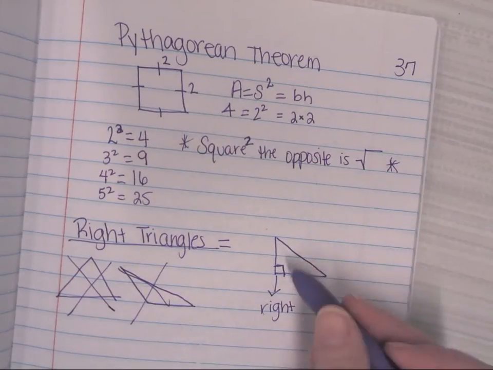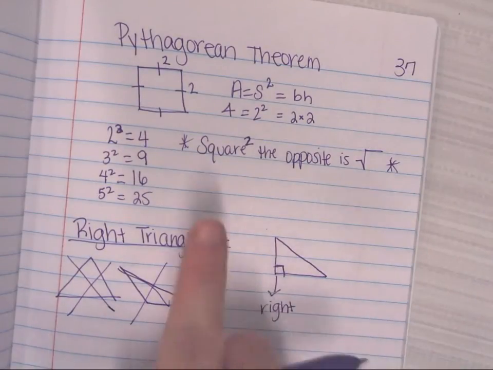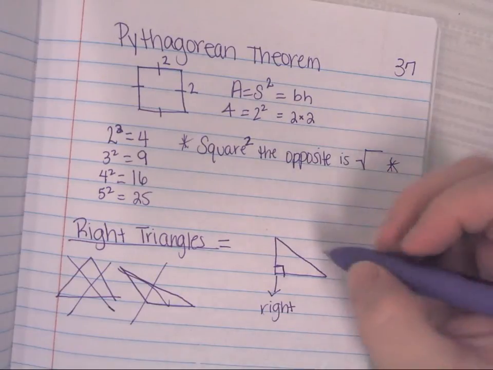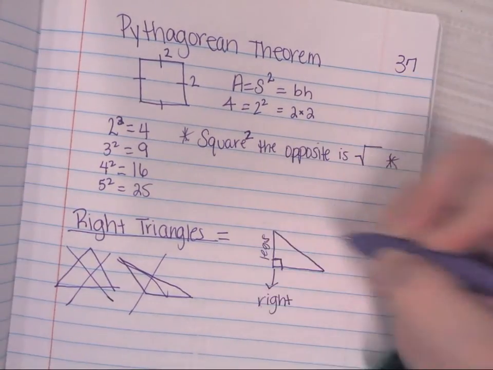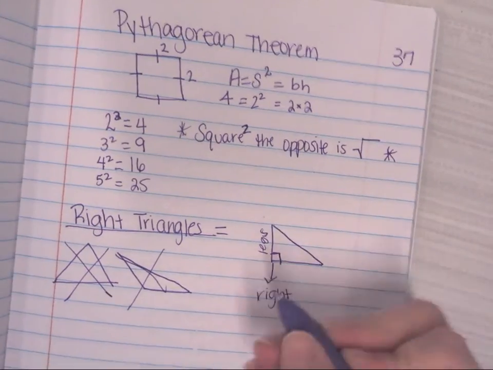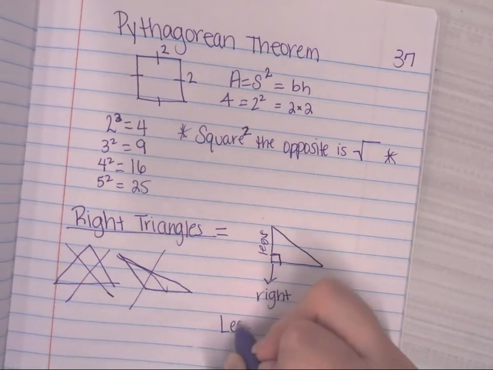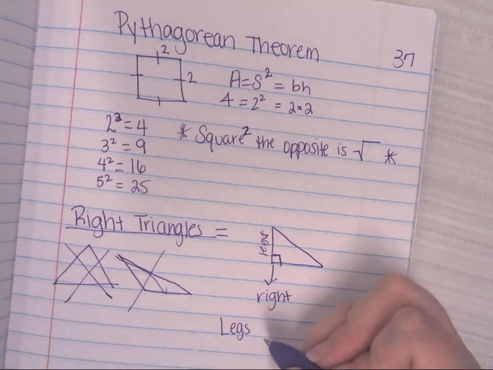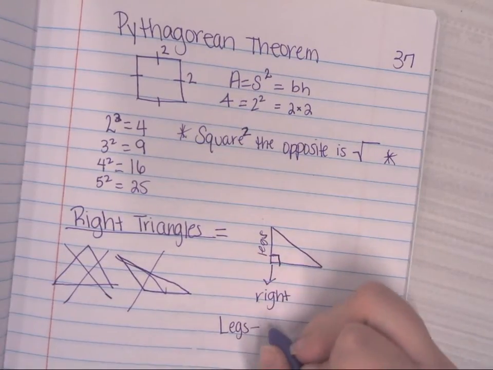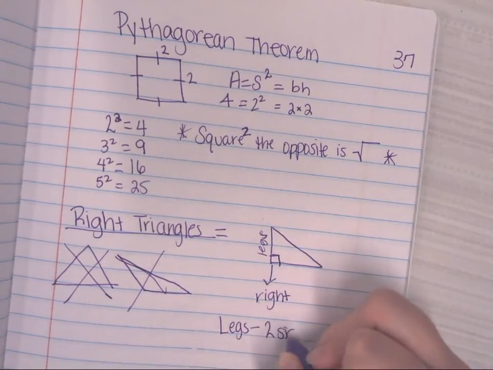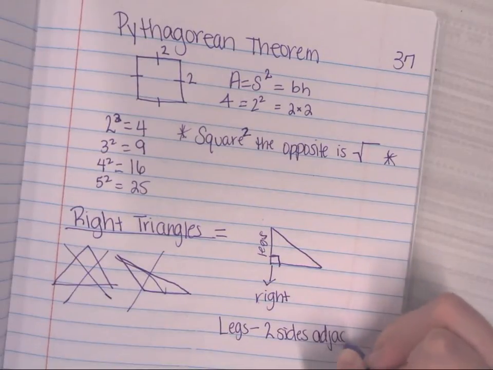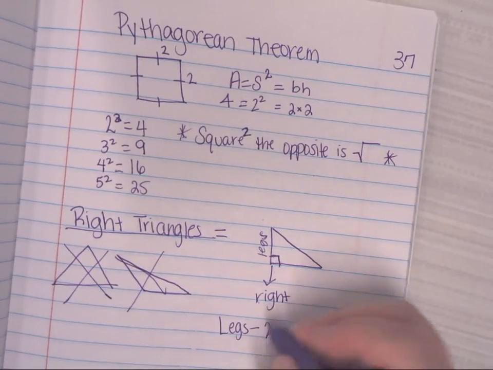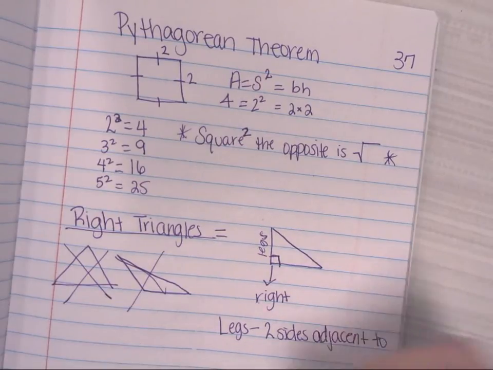The two sides that are next to the right angle are called legs. Our legs are the two sides adjacent, which means next to, the right angle.